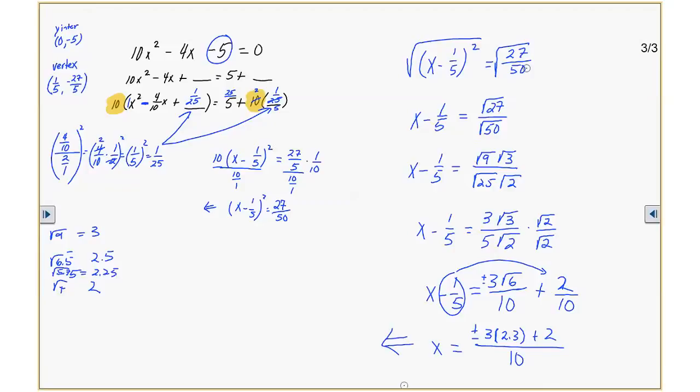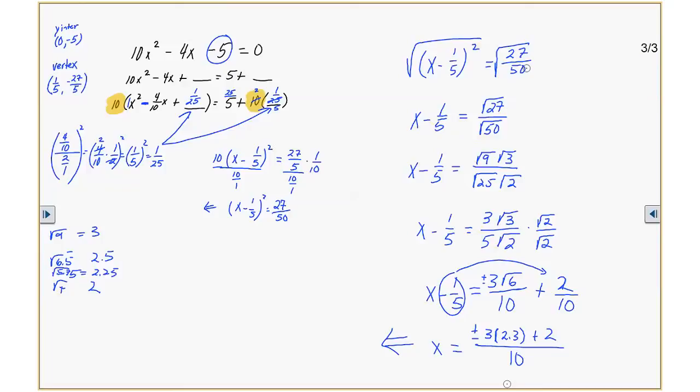Now, do you notice what you're using with completing the square? What have I yet to pick up? The calculator. So, what's 3 times 2.3? 6.9, right?